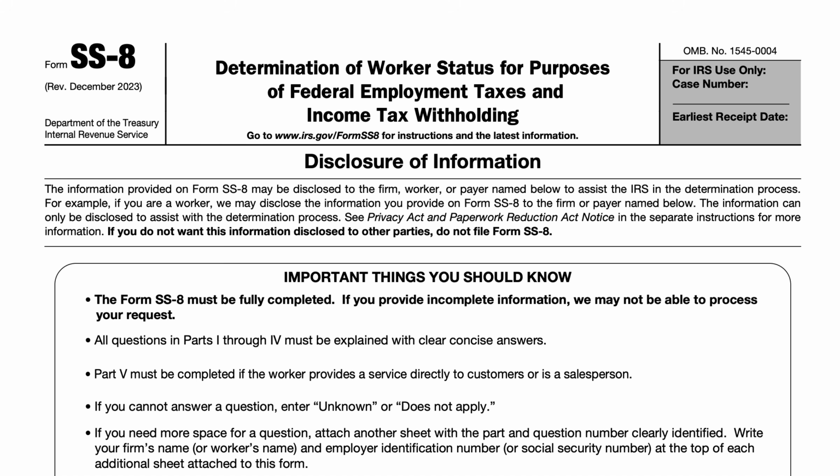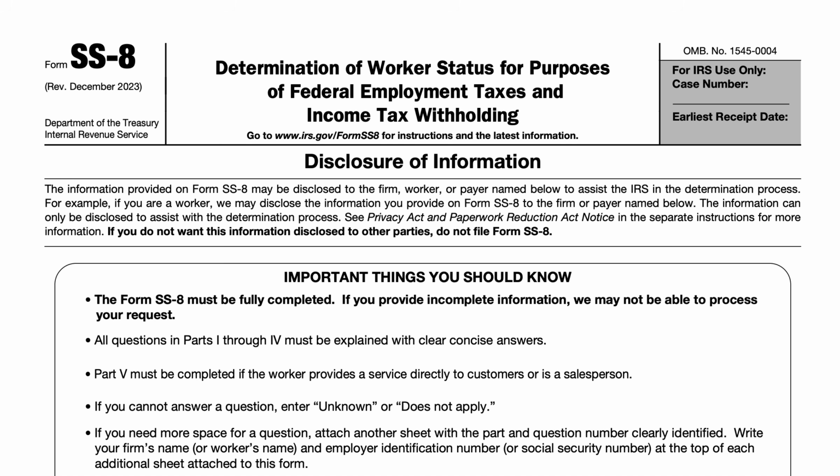contractor. So while there are a lot of non-tax related items that may be associated with that distinction, for example, state unemployment coverage, employee benefits, that's not the focus of this video or this form.